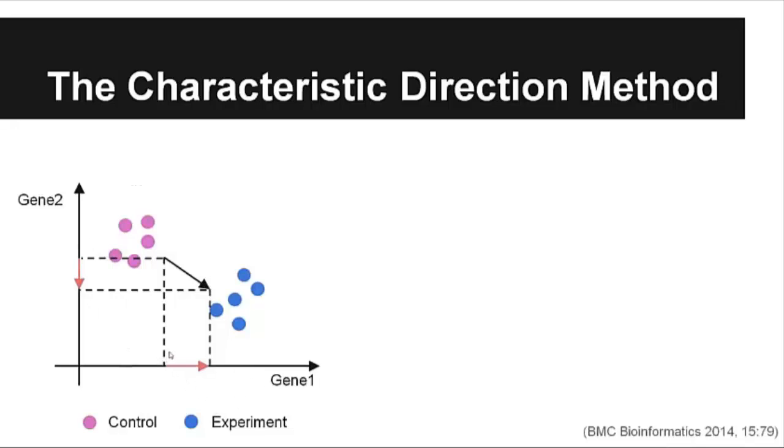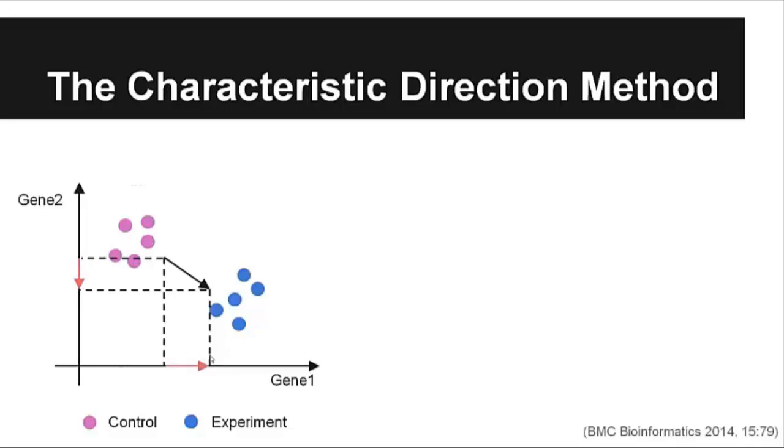So basically, this direction will be represented as a vector of two components. The first component will be the projection on gene 1, and the second will be the projection on gene 2. And we can see that the squared value or the absolute value of gene 1 is larger than gene 2.